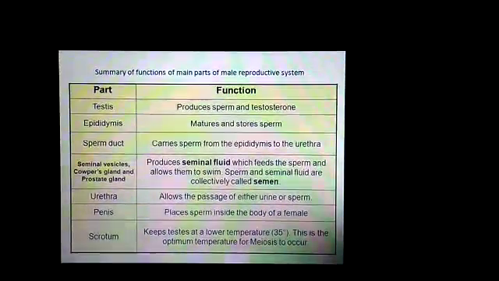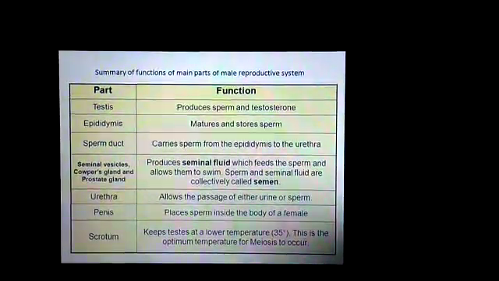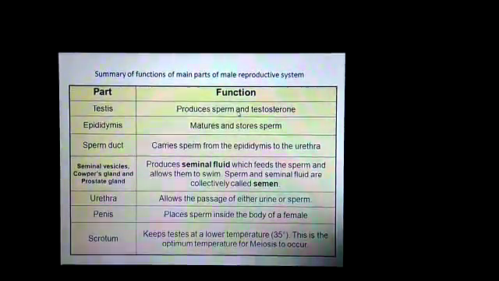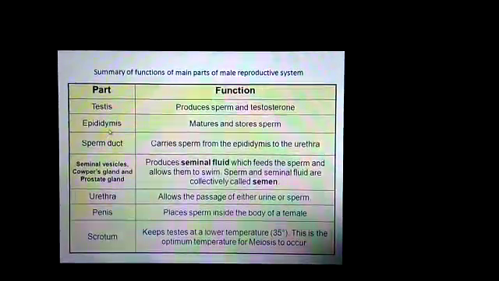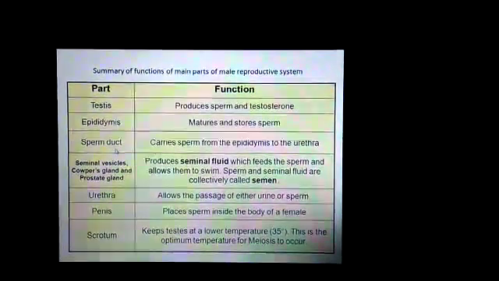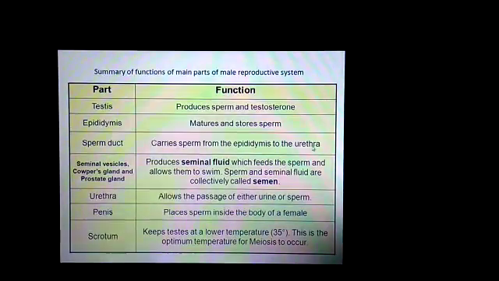Now see the summary of the functions of the main parts of the male reproductive system. The testis produces sperm and a hormone called testosterone. The epididymis matures and stores sperm. The sperm duct carries sperm from the epididymis to the urethra.